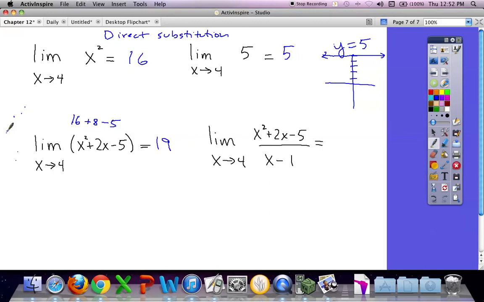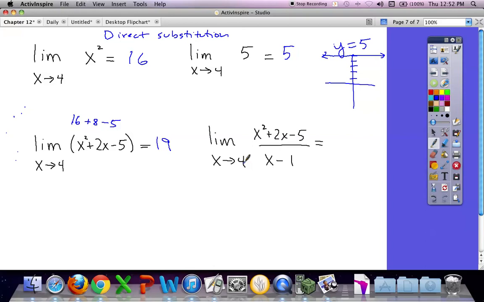And then the last one, is there a point of discontinuity in that function? There is at x equals 1. But that's not the value we're trying to find the limit at, right? We're trying to find the limit as x approaches 4. It doesn't matter to us what happens at x equals 1. Our answer only depends on whether or not x equals 4 is a point of discontinuity, and it's not.